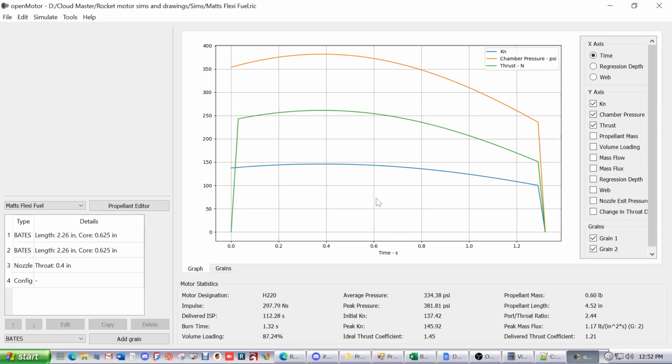Another thing you could do is buy a cheap analog $15 pressure gauge. Some of them have glycerin in them. You'll want to drain the glycerin, and then you can make a test stand. You can find it on, I think, NACA's website. He makes a pressure stand for the rocket motor using one of those analog $15 pressure gauges.